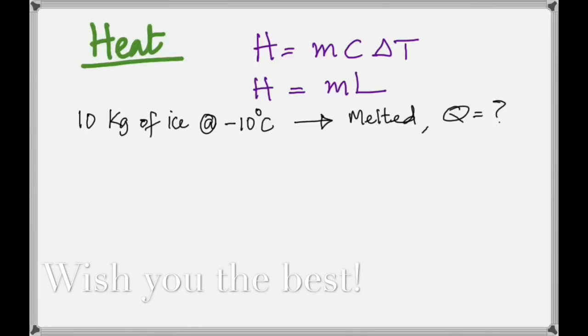And the latent heat is 336,000. So 2100 and 336,000. So that's the C. Okay, and so when you do that correctly, you will get the answer.